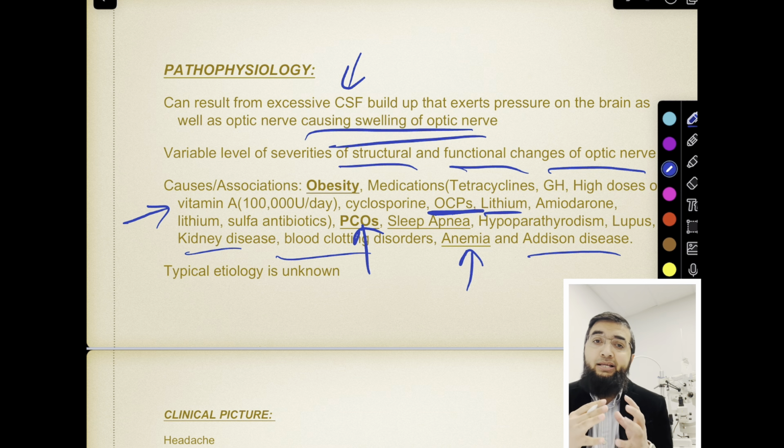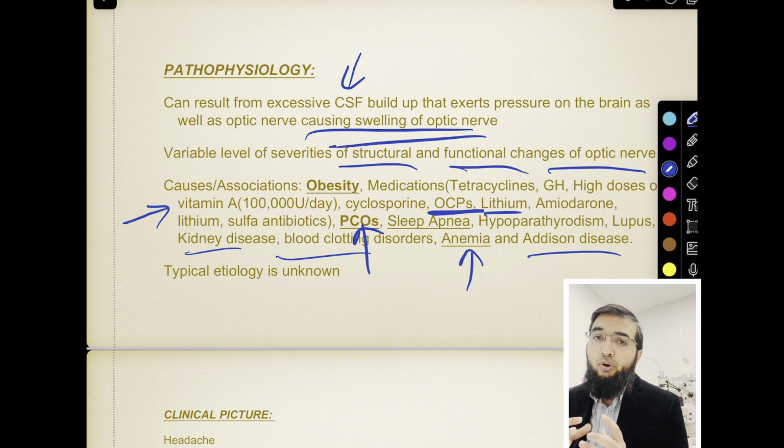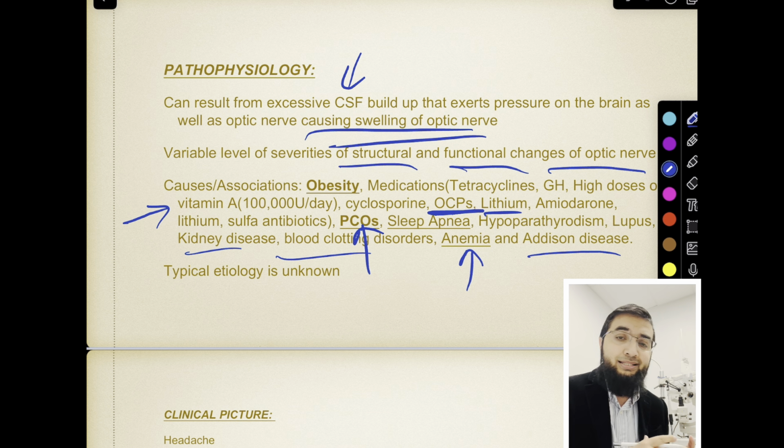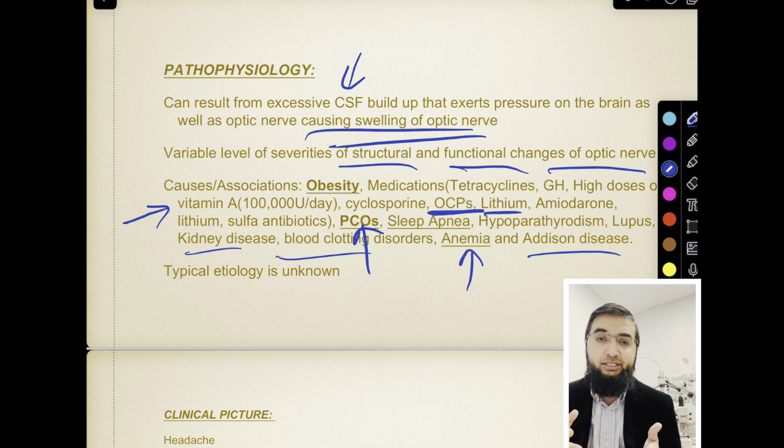So there are many correlations and causations from this perspective that we need to know, and with many of them you can manage this condition just by switching off that antibiotic, finding an alternative, and talking to the primary doctor: doc, we need to switch this to something else, and so on and so forth.